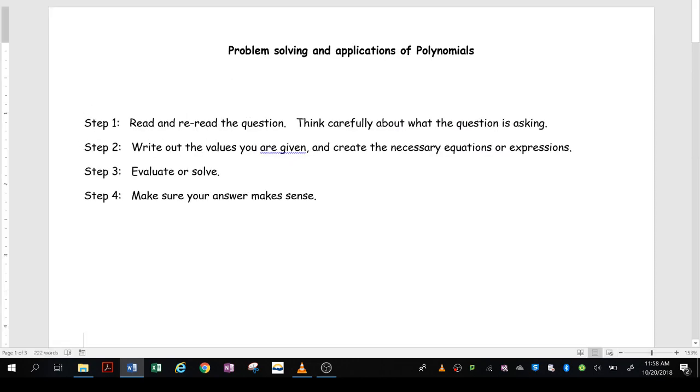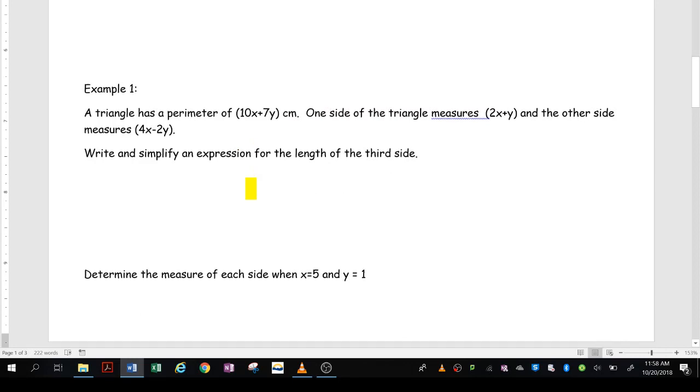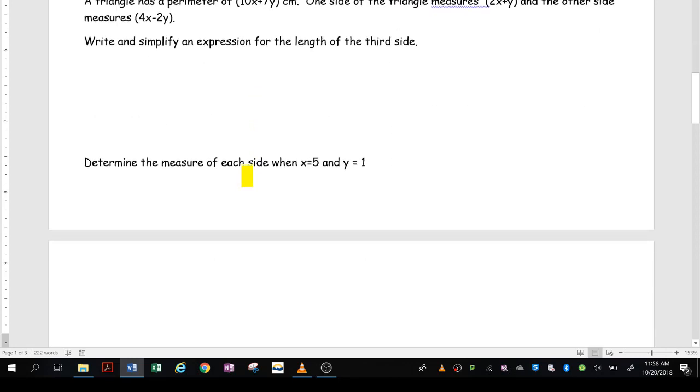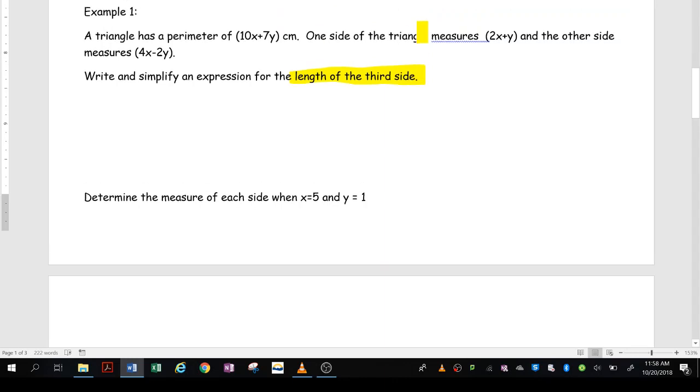So here you are being asked the length of the third side of the triangle. Now the information that you are given is the perimeter and 2 of the sides. That's all the information you've been given.